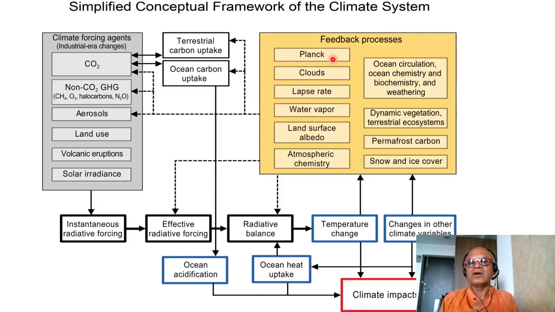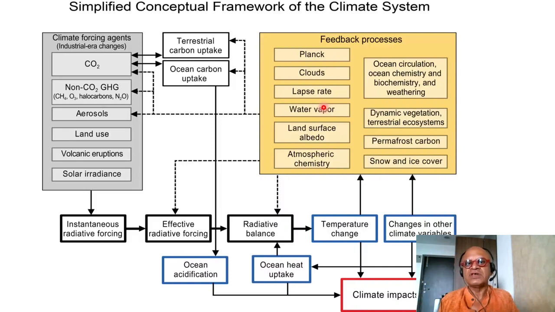Planck feedback, so the frequency of outgoing longwave radiation and incoming radiation that is absorbed by greenhouse gases at various frequencies and so on. Clouds. Lapse rate is the rate at which the temperature changes from the surface to the top. That determines energy balance and circulation, and is a result of circulation as well.